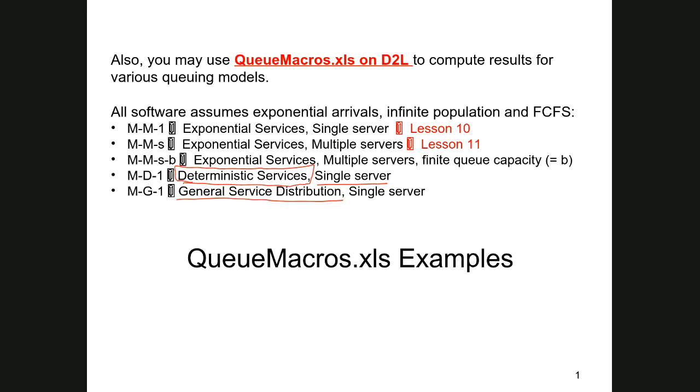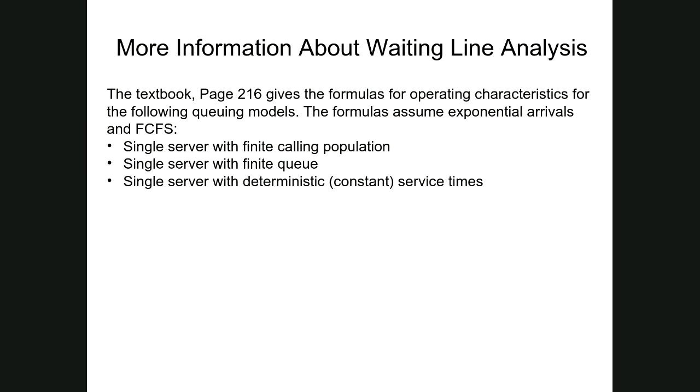So I would go and experiment with it, just play around with it, and see what you can learn. The other thing I want to point out is that on page 216 of your textbook there are also additional formulas. There's the case where there's a single server, and the case where there are multiple servers.